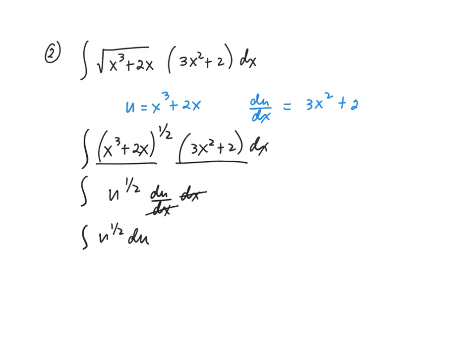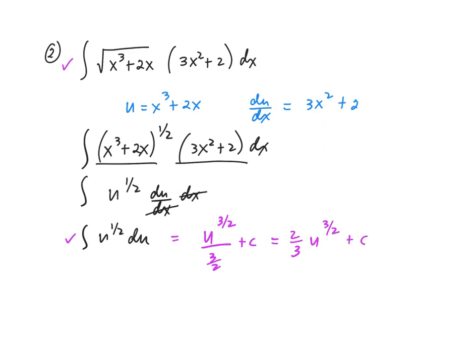So we have now transformed this long and complicated expression into this very simple one that we actually know how to integrate, because the integral of u to the power of 1/2 with respect to u will just be u to the 1/2 plus 1, which is 3 over 2, so u to the 3 over 2 divided by 3 over 2 plus c. Just simplify this as 2/3 u to the 3 over 2.